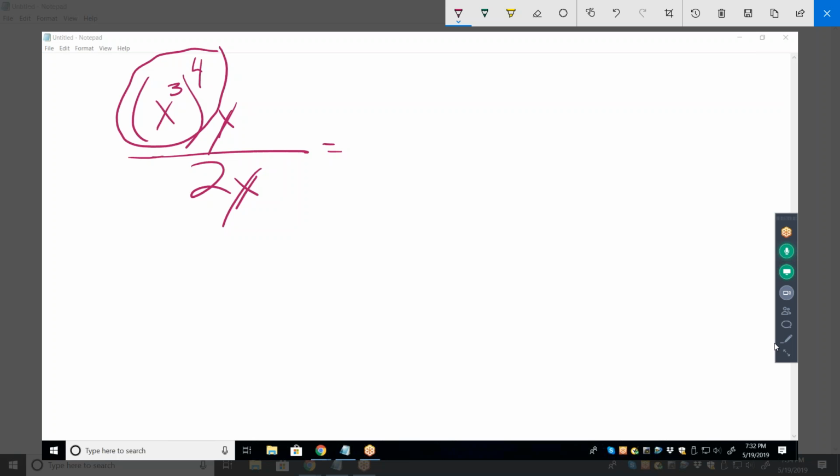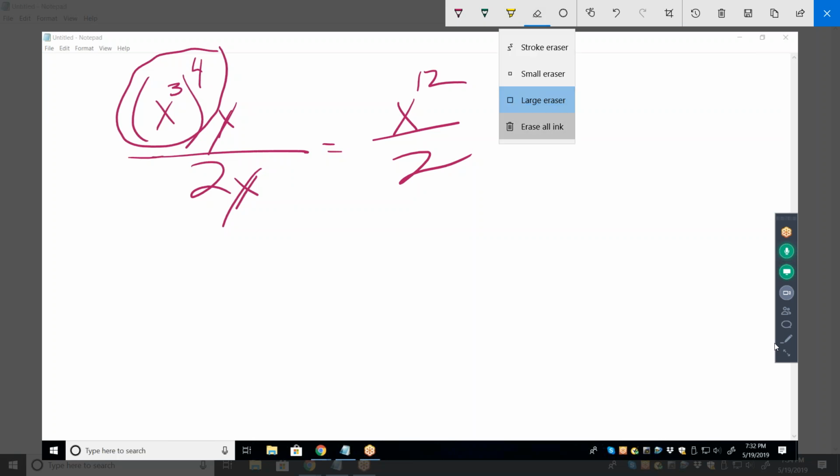Yeah. So what rule of exponents applies when you do what I call double exponentiation? Isn't it like subtraction? No, it's multiplication. So it's x to the 12th. And the 2 is still in the denominator, so we leave it there.